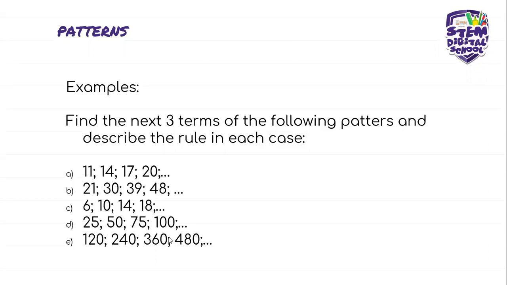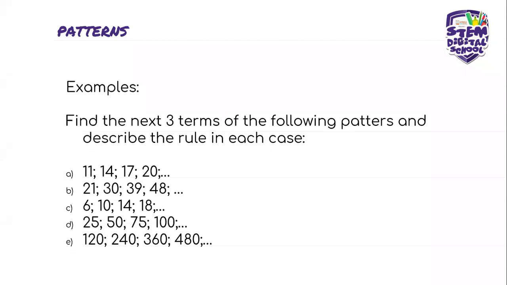Now, there's something called a constant difference. If you find that the number is constant, like in this case, 240 minus 120 gives you 120, and then 360 minus 240 also gives you 120, and then 480 minus 360 will also give you 120. Now 120 becomes what we call a constant difference.